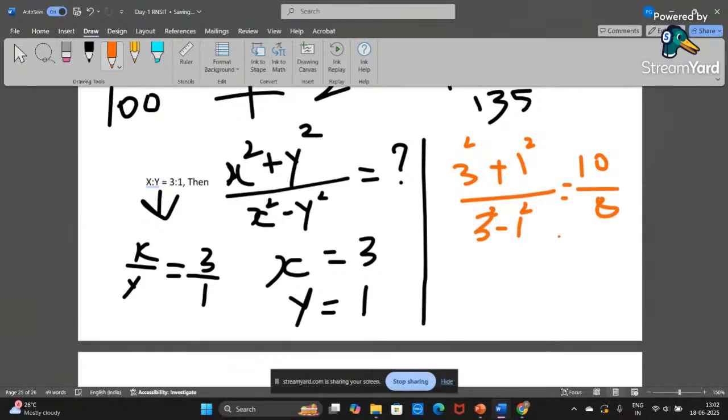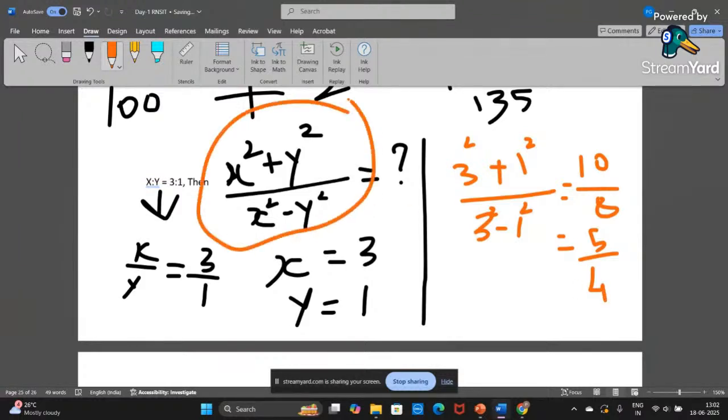So the final value is 10 by 8, which is 5 by 4.